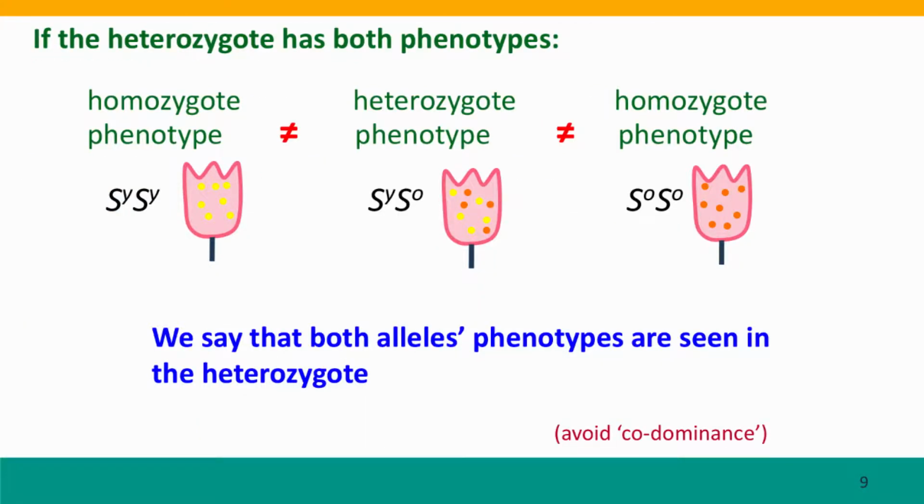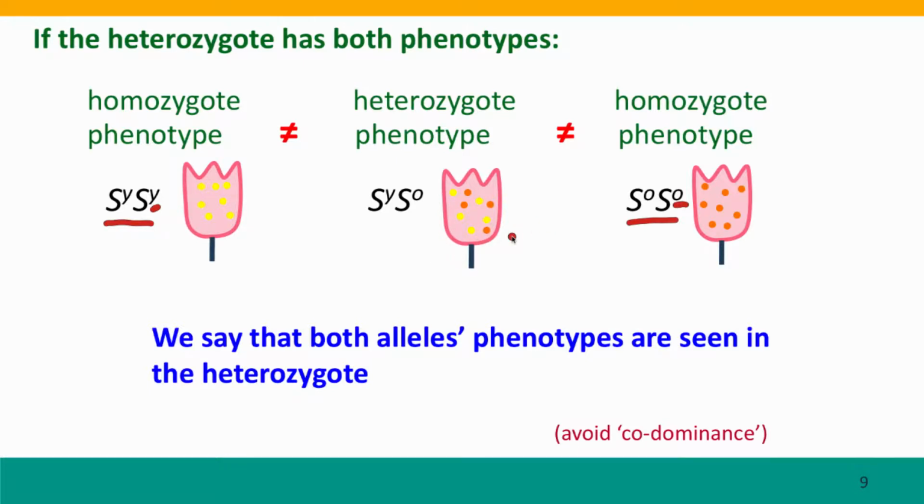What if the heterozygote has both phenotypes? Here I've drawn a flower with spots, and the spots can either be yellow or orange. And the homozygote for the yellow allele has yellow spots. Homozygote for the orange allele has orange spots. The heterozygote has both kinds of spots, yellow and orange.